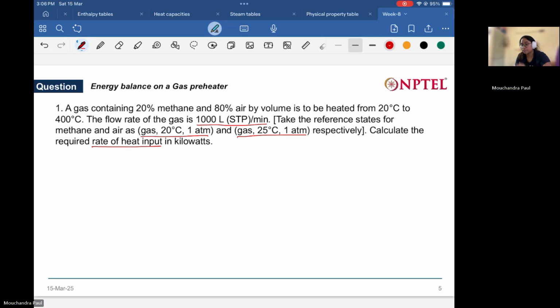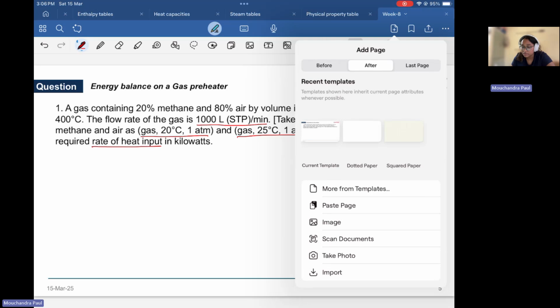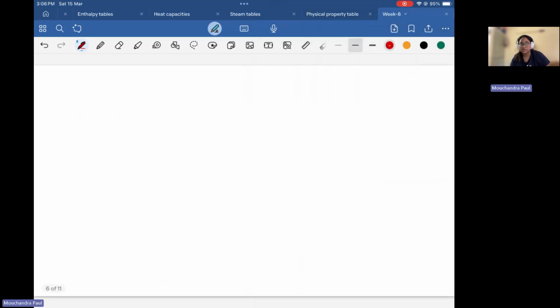So let's quickly start by drawing a flow chart for this particular process. This is a heater, and this heater is used to heat a mixture of gas.